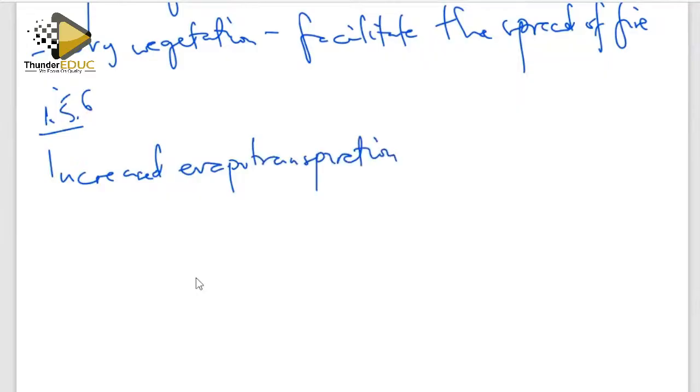There's going to be increased moisture loss from the crops and also from the soil. And that will lead to water stress on the plants. The plants won't have sufficient moisture because they are losing a lot of moisture through transpiration, and also the ground is losing moisture through evaporation by the increased heat conditions caused by the backwinds.